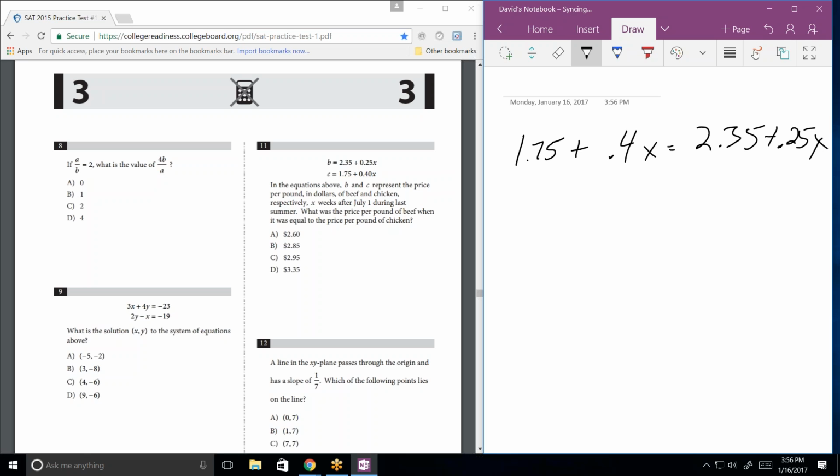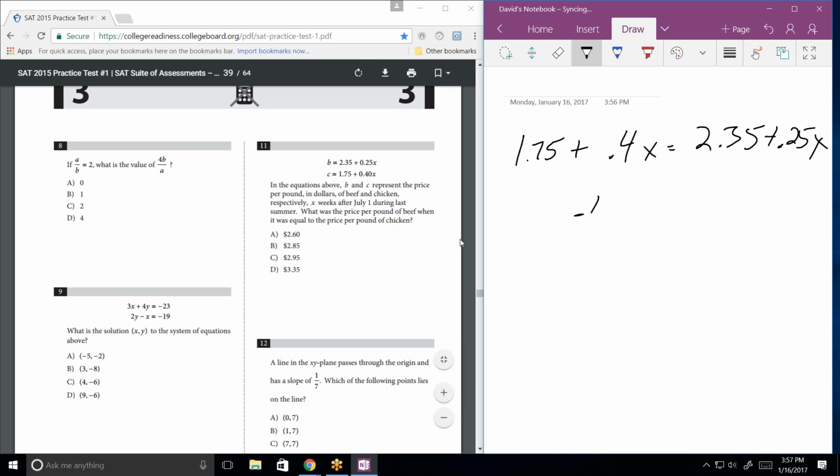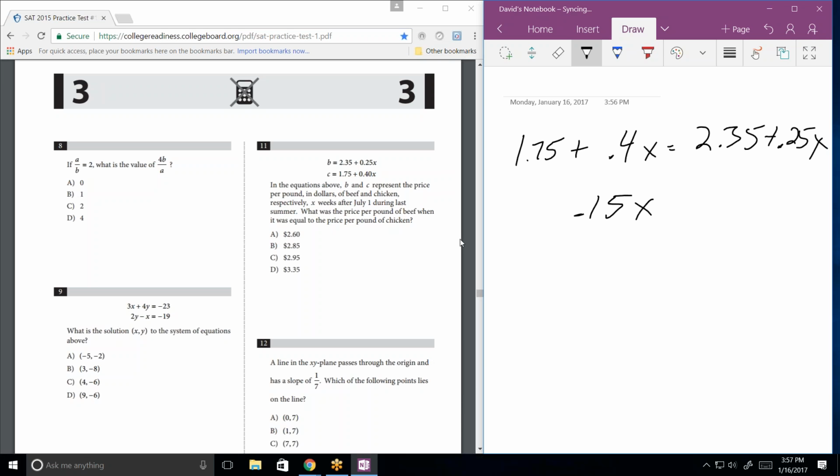One second, just moving the control panel for the good meeting. Which side are you going to move variables to? Move the variables to the left. So you did 15x equals, okay.